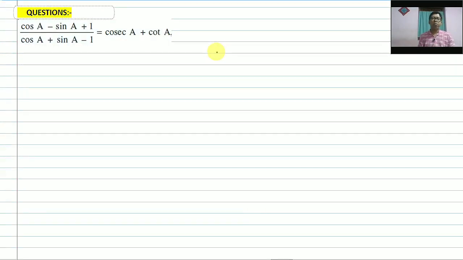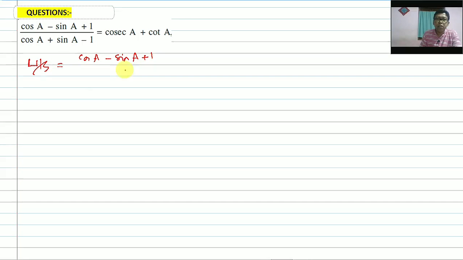This is an important question. It comes in your exam actually. You take the LHS, it will be better. LHS is equal to cos A minus sin A plus 1 whole divided by cos A plus sin of A minus 1. Now watch carefully, on the right side there is cosec and cot.